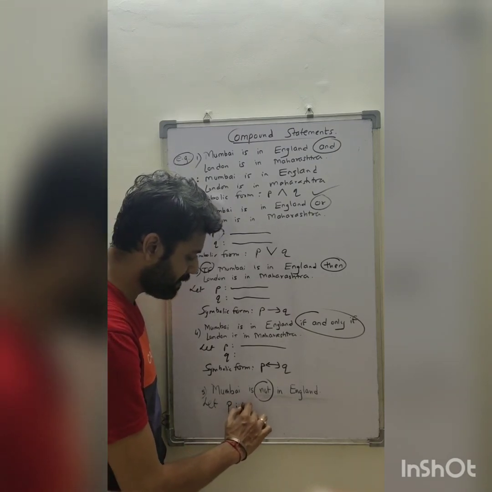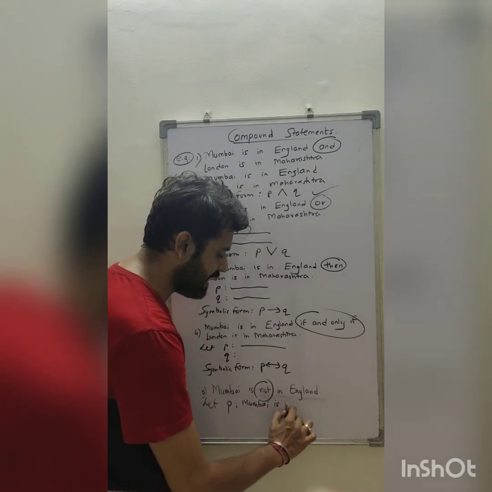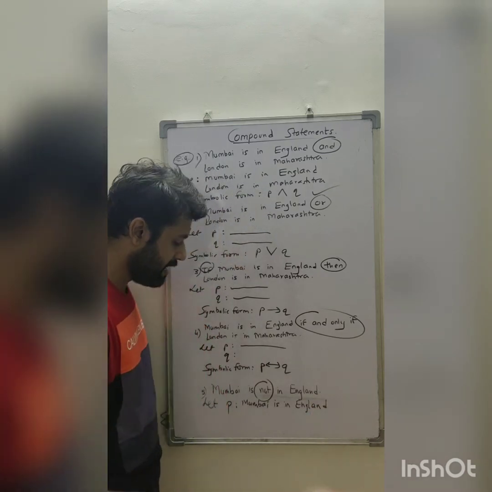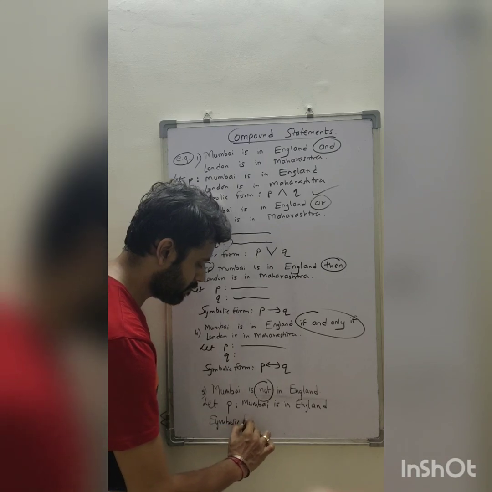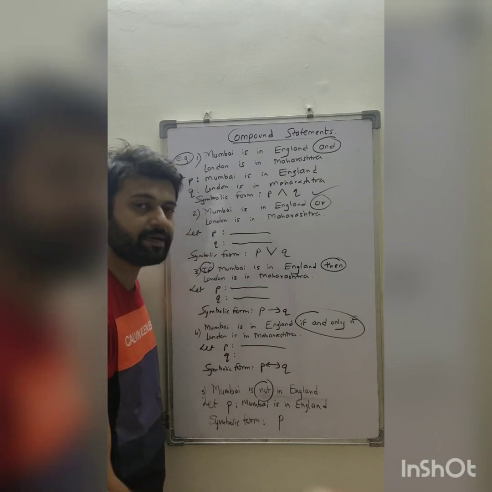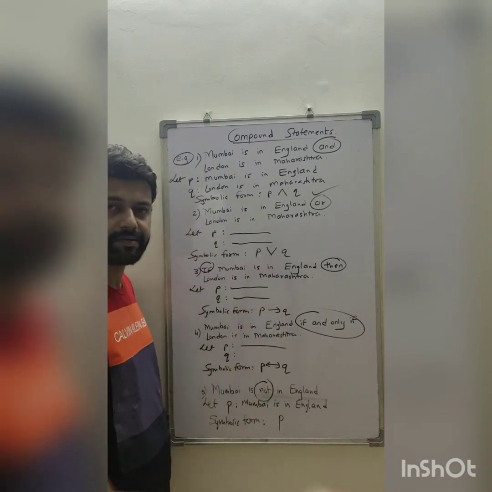And the last but not the least, Mumbai is not in England. We assume let p be, Mumbai is in England. And the symbolic form will be, it is only one statement. Still it has got a designation of a compound statement. It has a connective in it.